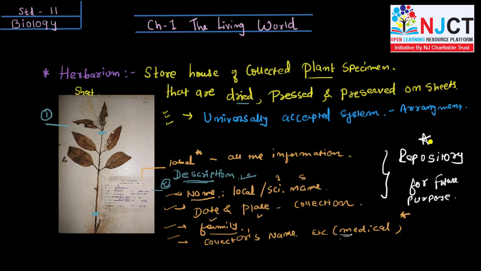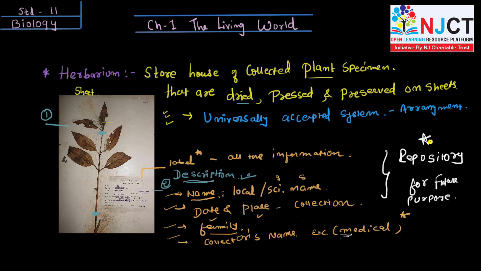You can get all the reference about different plants and all from here, because obviously you have the whole record. I mean, see, if you have to find the meaning of a word, what are you going to do? You are going to go for a dictionary, or for a deeper meaning, you are going to go for an encyclopedia, right? So this is exactly like an encyclopedia for plants.